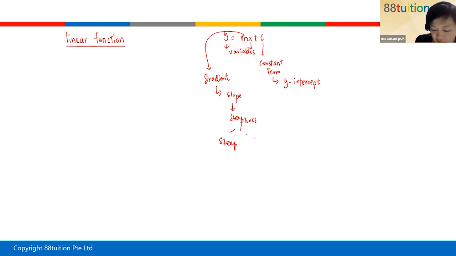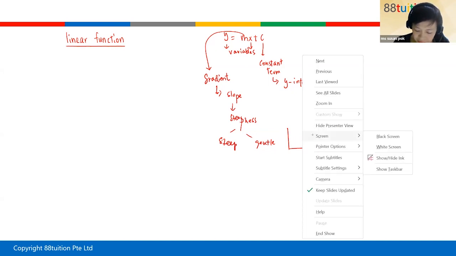So these are the things we have learned. Steep and gentle slope. How does a steep and gentle slope look like? A gentle slope will look like that. Very gentle, like that. Slightly longer, if I draw it. Then this is a gentle slope.